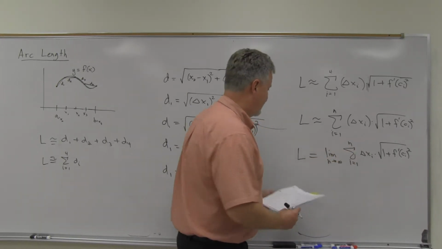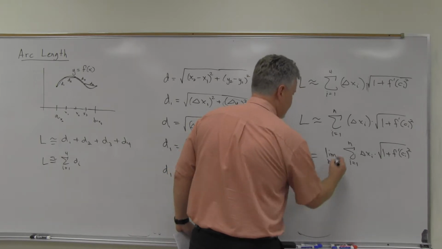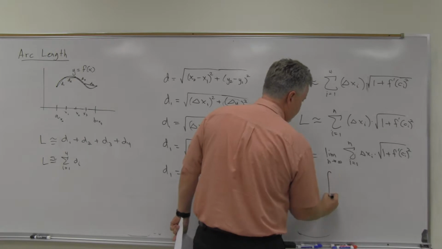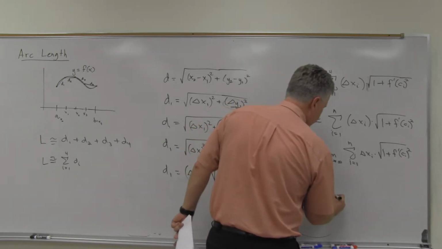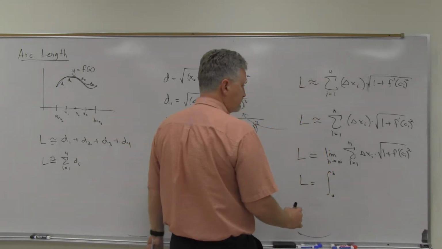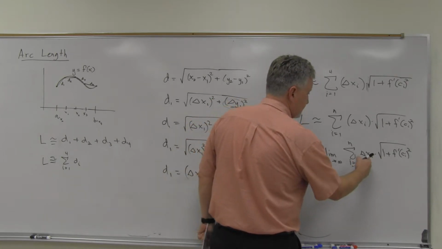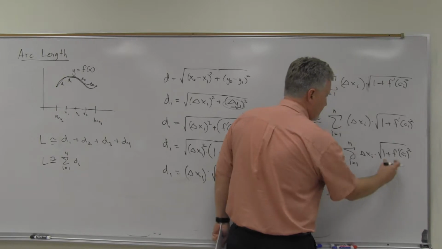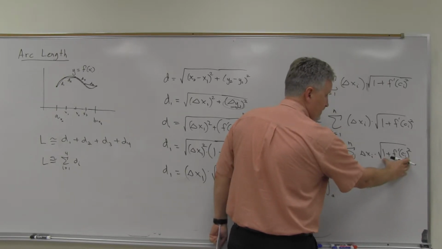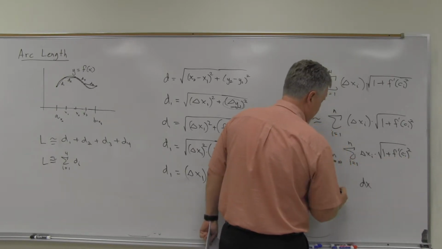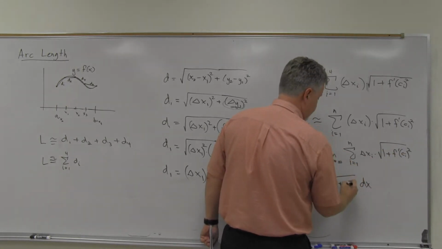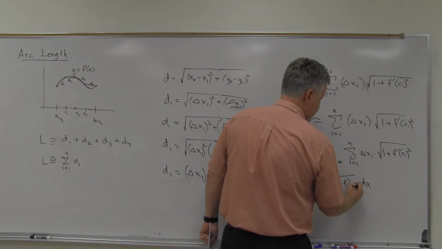It's an integral, yeah. The limit of infinitely many of these sums is an integral, and the integral, of course, would be from a to b. Remember, delta x is the same as dx. So really the integral is the square root of 1 plus the derivative of f of x squared dx.